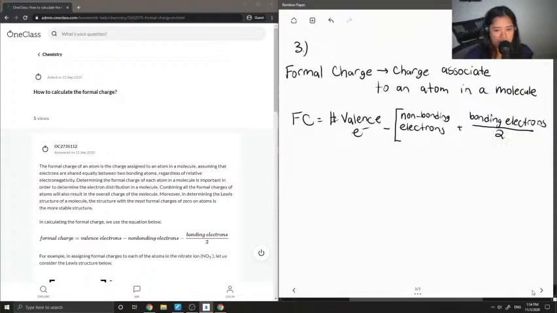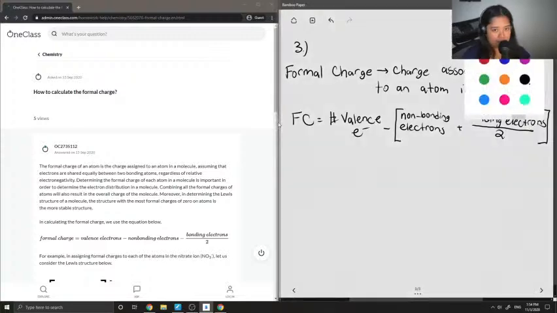This is because each bond contains 2 electrons, and if we want to find the formal charge of one of the atoms, we need to divide it by 2 to find out how many electrons are associated with that one atom.